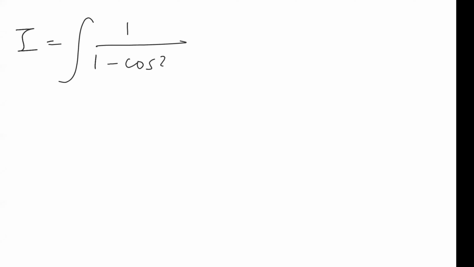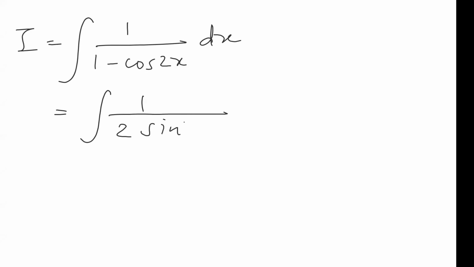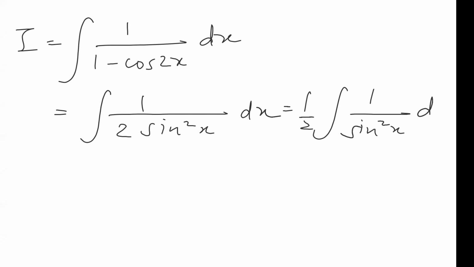1 upon 1 minus cos 2x. If there is 1 minus cos in the denominator, our rule says that we have to apply the half angle formula: 2 sine square x. Okay, half outside, 1 upon sine square x. Half outside, 1 upon sine square will be cosec square x.